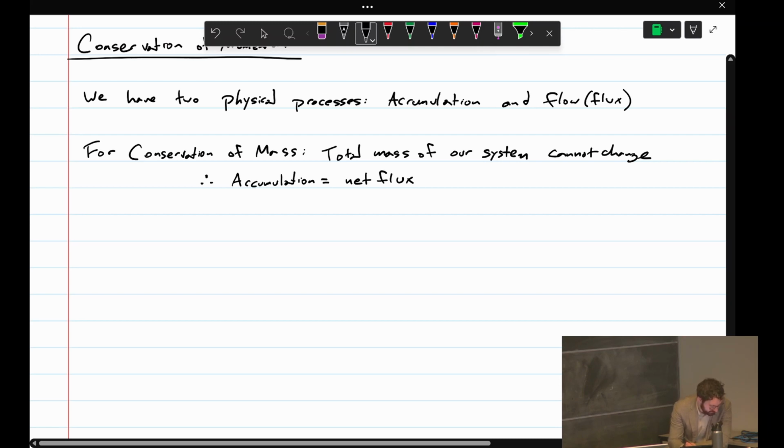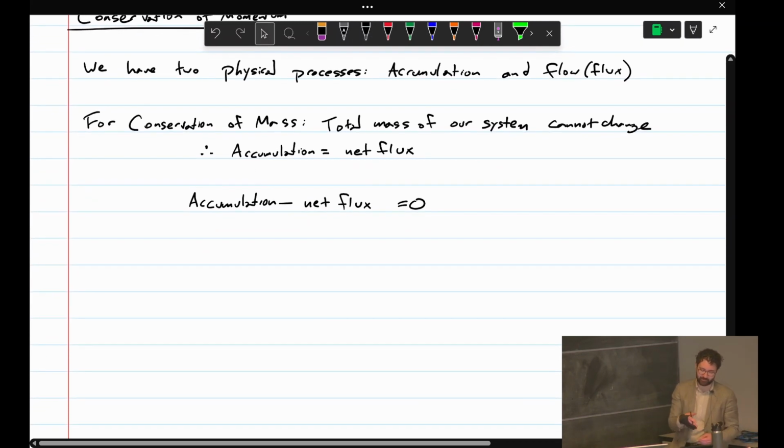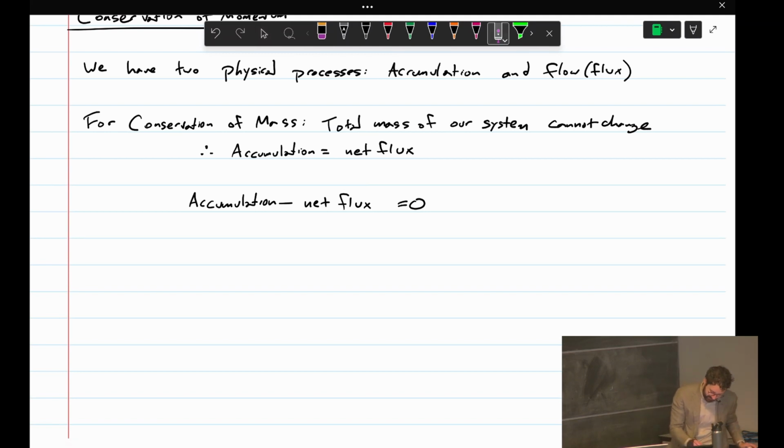That's what the equation tells us. So in other words, accumulation minus net flux equals 0. Again, I'm saying net flux in, but I don't want to write that every time. Basically, the accumulation minus the net flux tells us the total mass of our system, and we know that that can't change, so that always has to be 0.